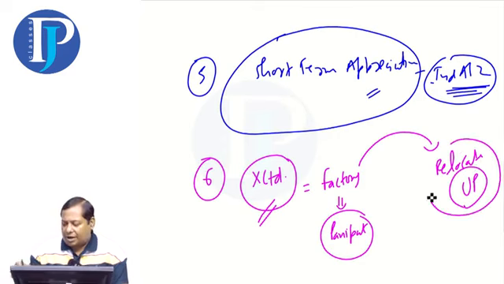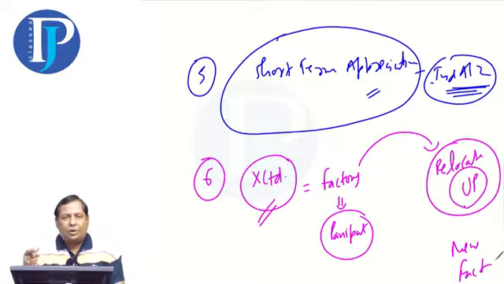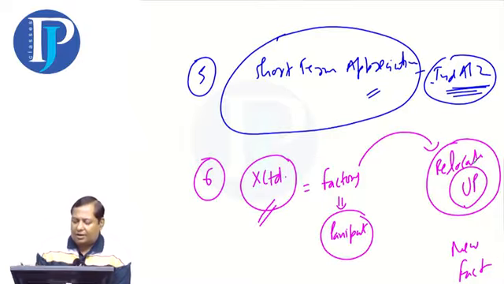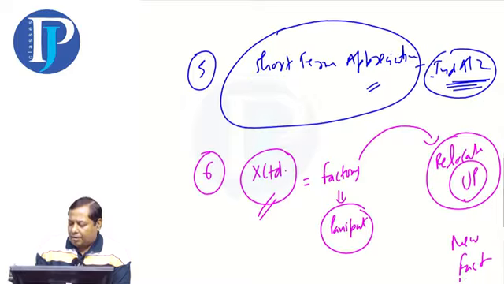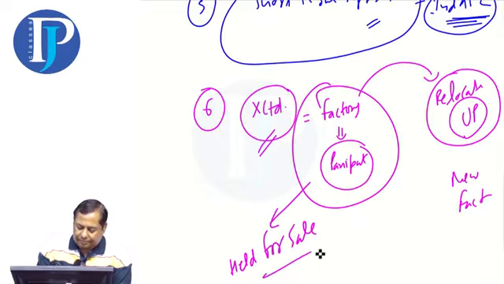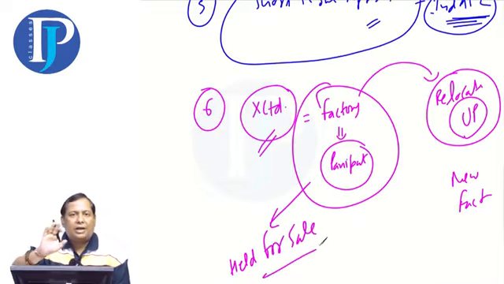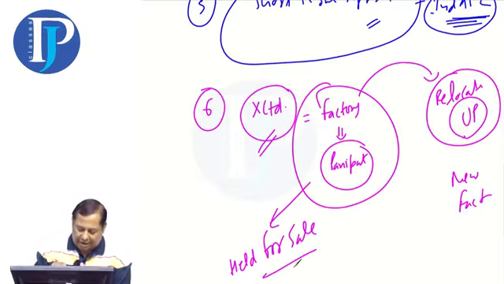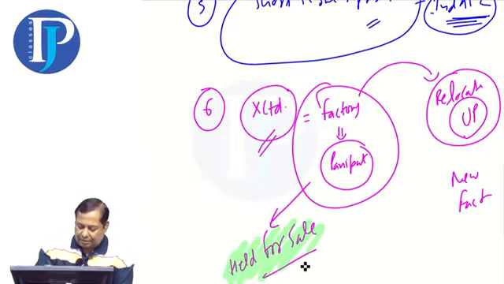So they built a new factory here. They felt that the UP government is very motivating for startups, giving subsidies. They moved their factory from Haryana to UP, and they are going to sell the old factory. Held for sale. This land and building is held for sale, so it falls under Ind AS 105.